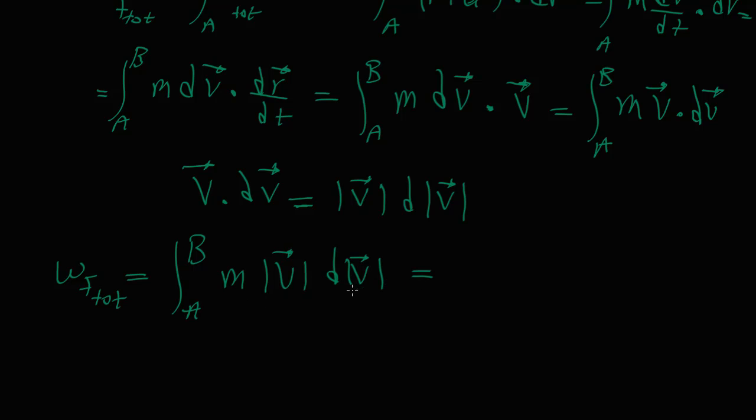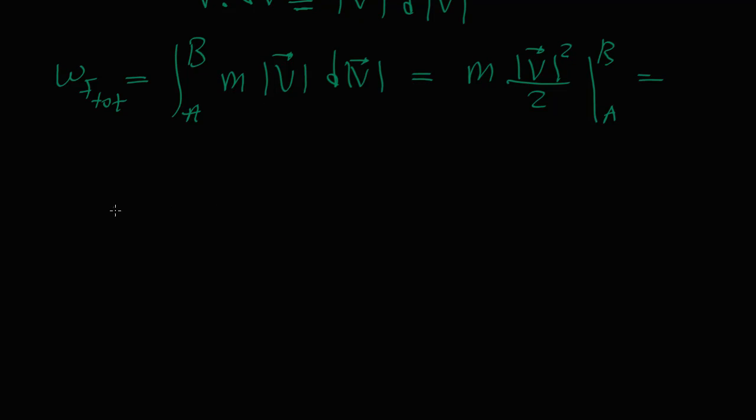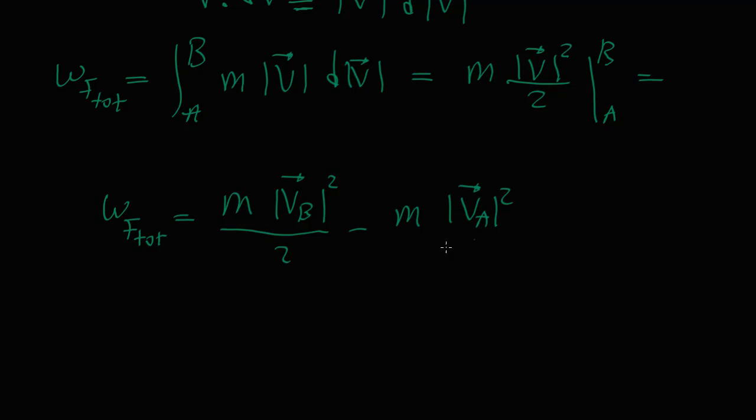So now this is an integral that we can calculate. This is basically m magnitude of v squared over 2. So we have m magnitude of v squared over 2 from a to b, which means Wf total is going to be m vb squared over 2 minus m va squared over 2.